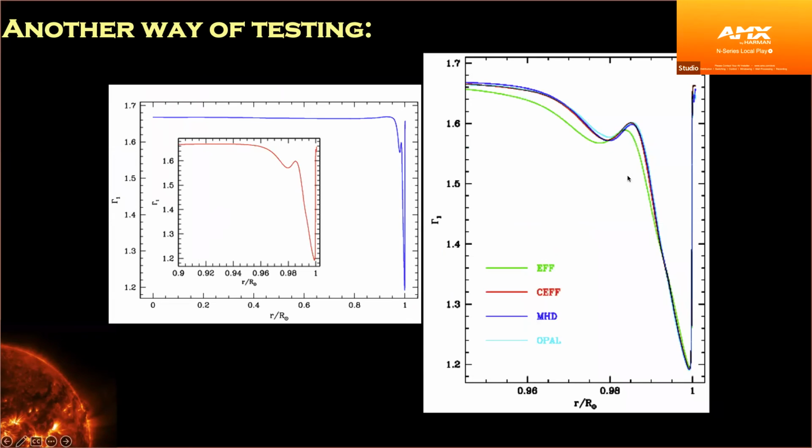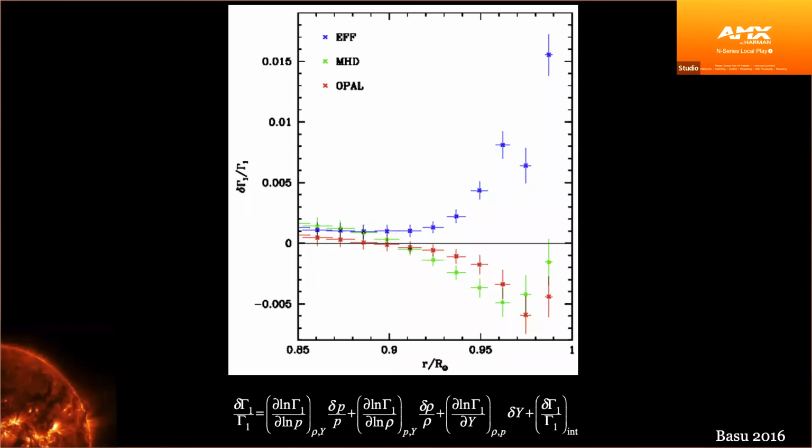Look at this. This is gamma-1. Okay. This is the second helium ionization zone. This is the hydrogen ionization zone and the first helium ionization zone. So if I look at the gamma-1 difference between the sun and models with the different equations of state, EFF, okay, let's forget about it. Look at OPAL and MHD. They're actually very similar.